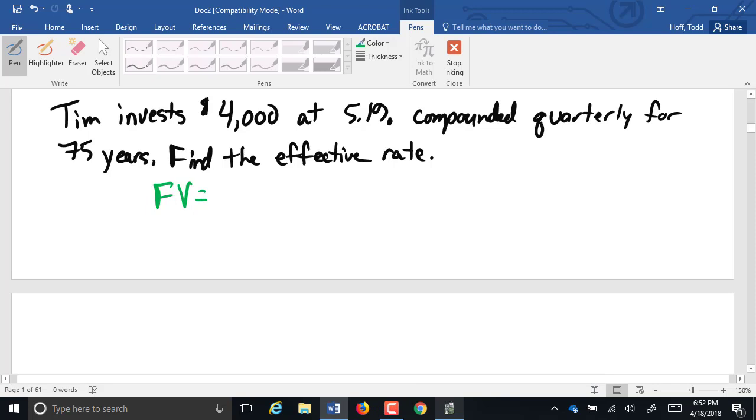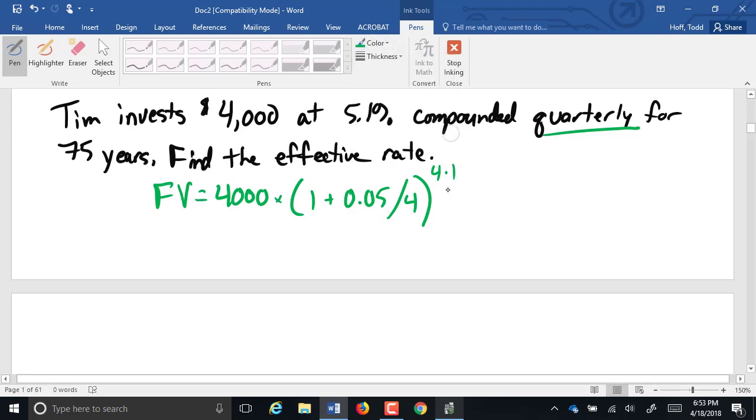So step one is to find that future value. That'll be 4,000 times 1 plus 0.05 divided by 4, because it's quarterly, to the power of 4 times 1, because we're going to go for 1 year. It says it's more than 1 year, so we go for 1 year.